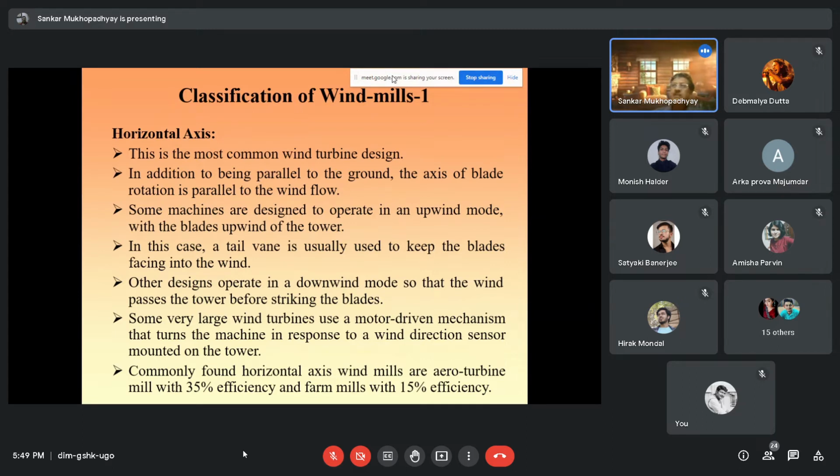Aeroturbine mills means that aerofoil action is used in running the wind turbine blades, whereas in the vertical system, that is the farm mills, the drag force is used, and the efficiency level is much lower. You will understand how subsequently.